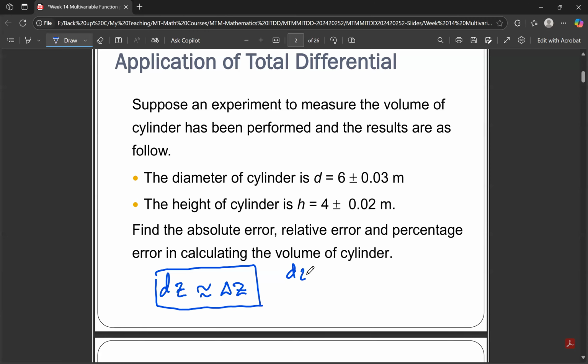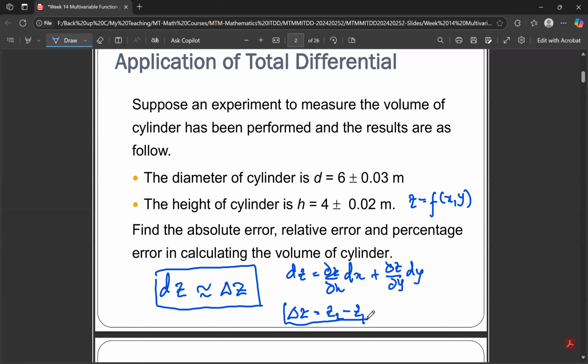delta z is, for example, we have function z equals f of x comma y. So dz is ∂z/∂x dx plus ∂z/∂y dy, and delta z is z2 minus z1.